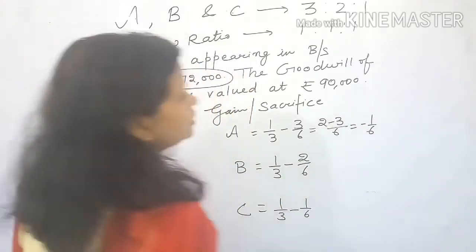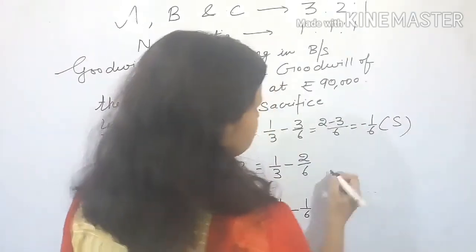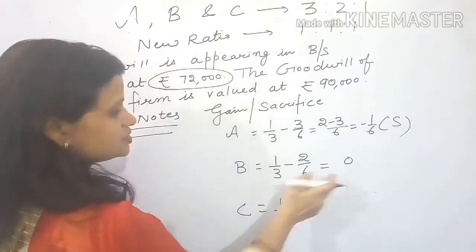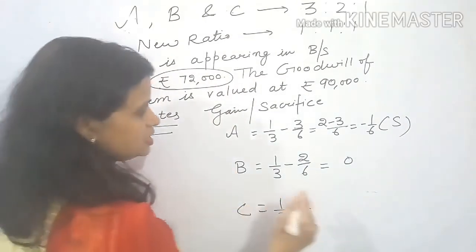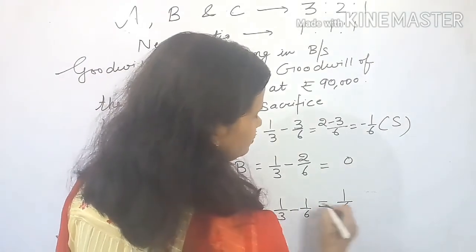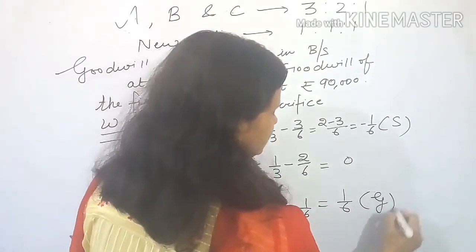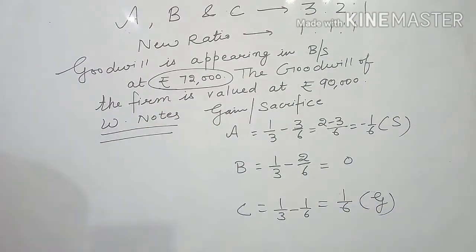So A is the sacrificer, B's result is 0, that means B is neither gaining nor sacrificing. For C, if you calculate the result, it will be 1/6. That means he is a gainer.